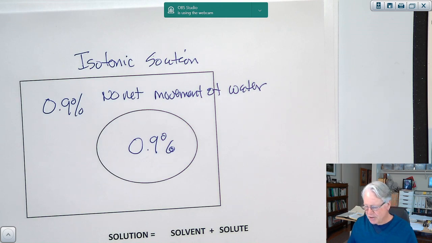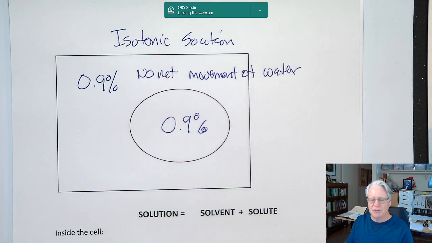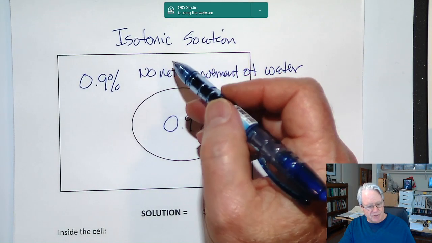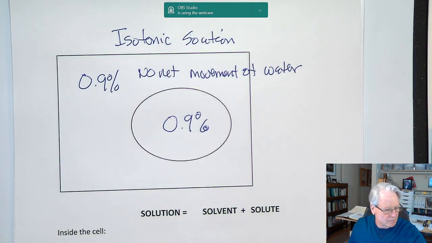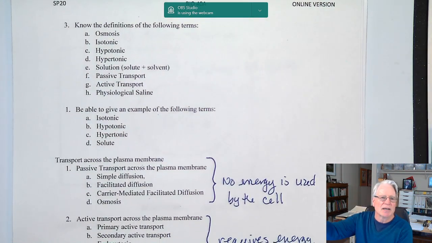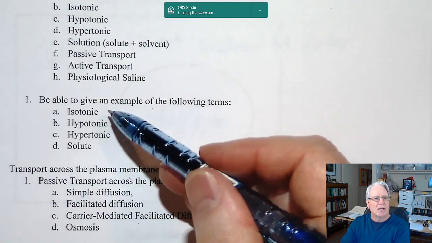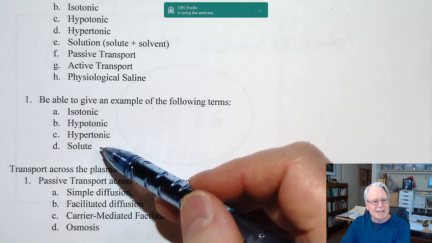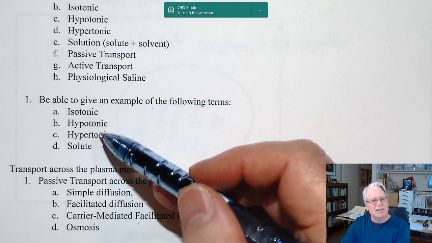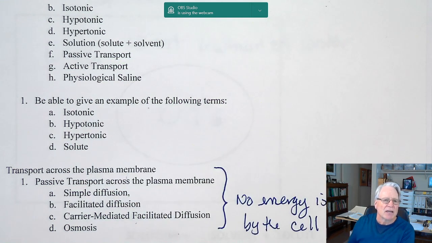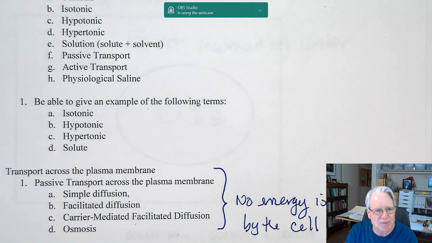Okay. So at this point, I want to say something about the terminology. Isotonic, hypertonic, hypotonic. Let's get those terms up here. Isotonic, hypotonic, hypertonic. These terminologies describe different kinds of solutions. And when we're talking about osmosis, we are trying to figure out where water is moving.